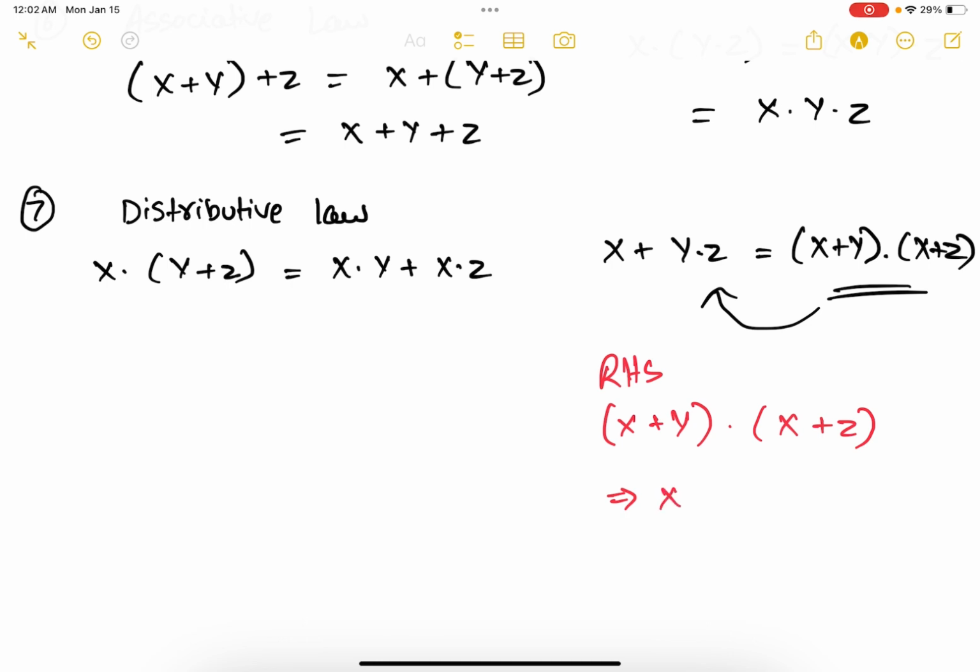So x dot x, and x z, or x y, or y z. So you know that x and x is x, so x, or xz, or xy, or yz.